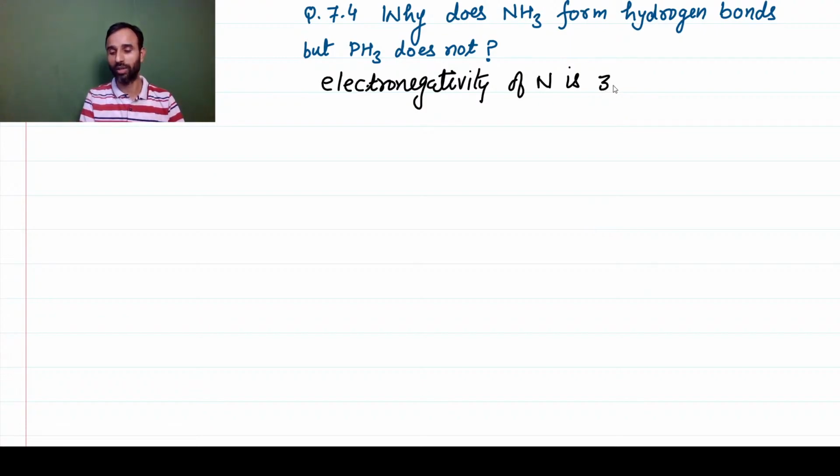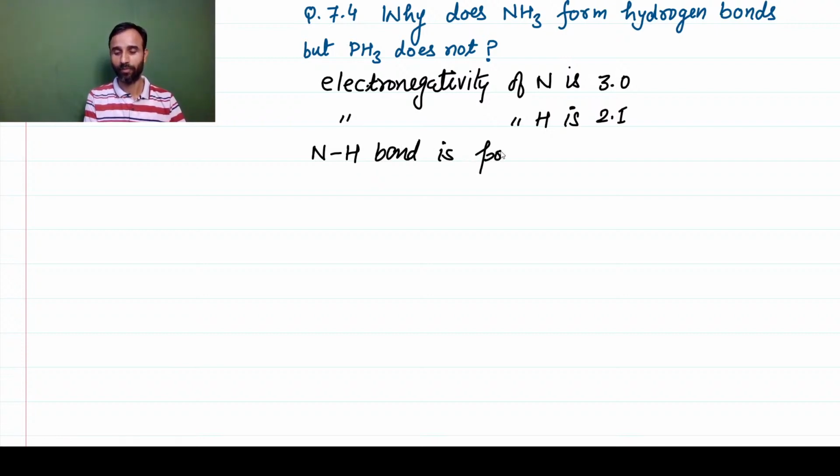Electronegativity of nitrogen is 3.0 and electronegativity of hydrogen is 2.1. So because of this difference in electronegativity, the N-H bond is polar.